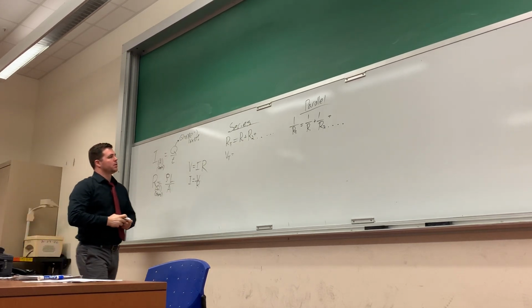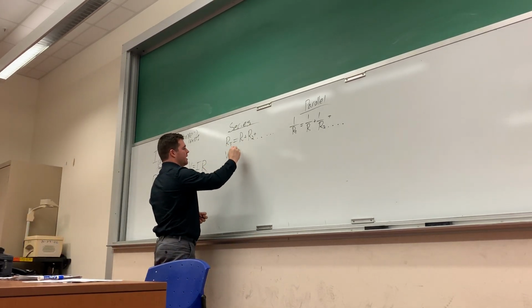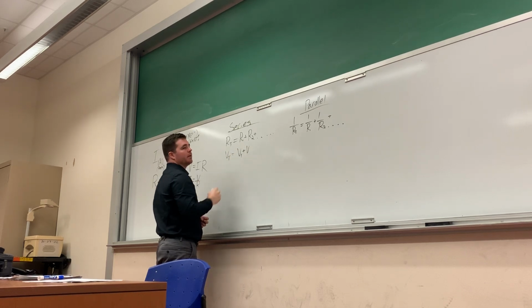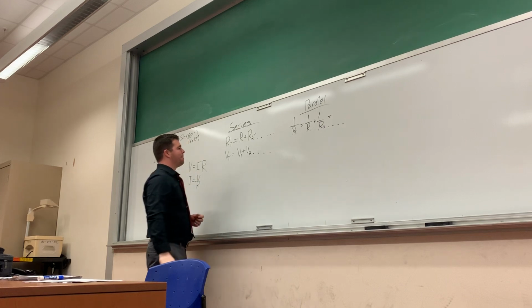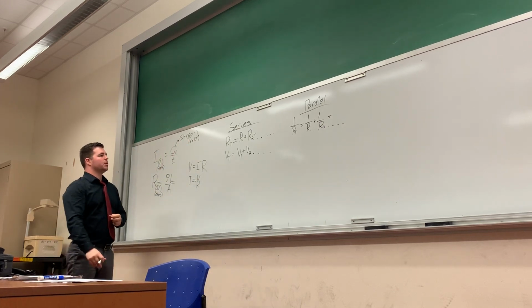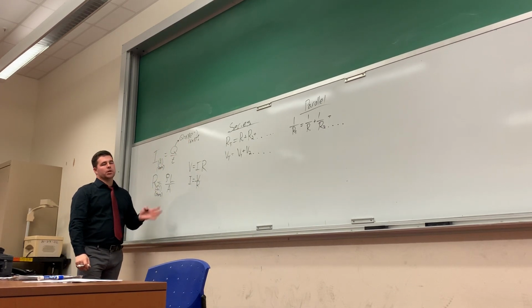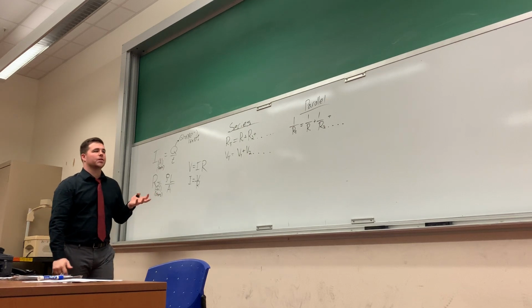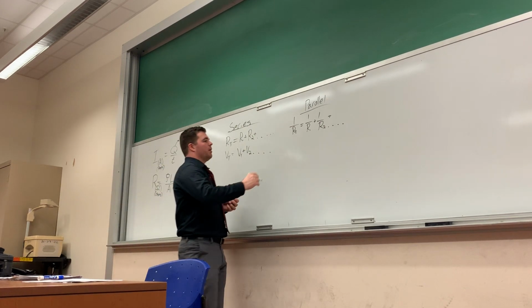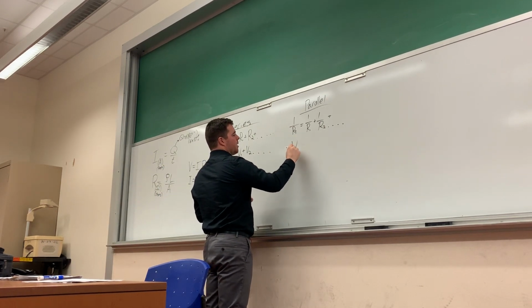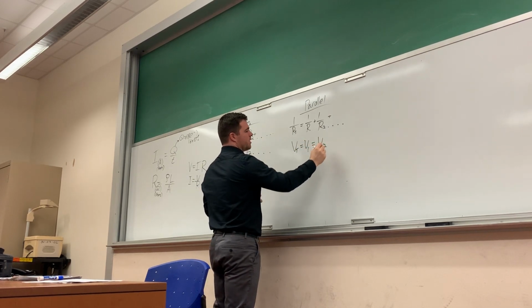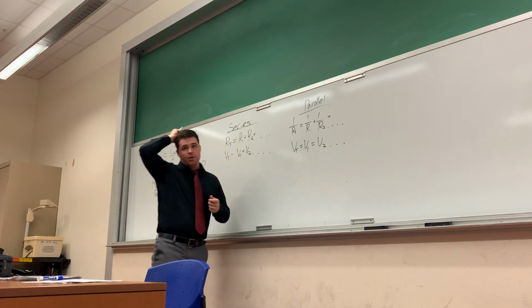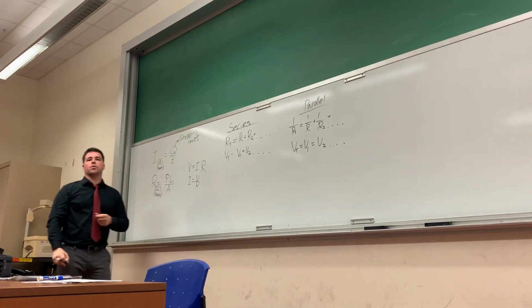So in series, add them up: V1 plus V2 plus whatever. That will give you the total voltage. In parallel, each one gets the same voltage. So they're just equal to each other. Your individual voltages are equal to the total voltage.